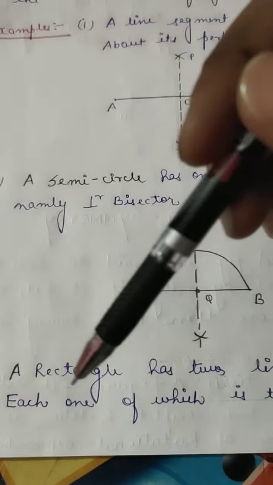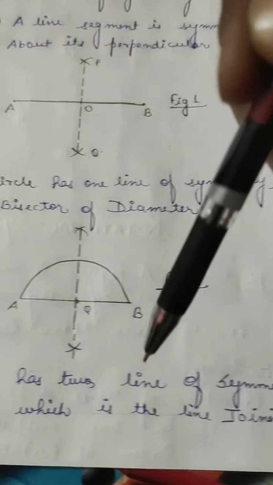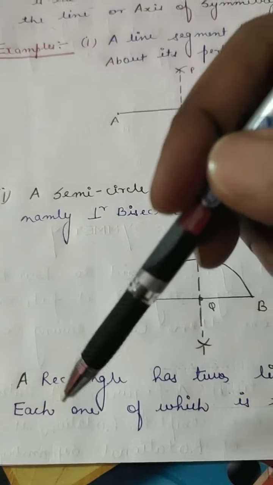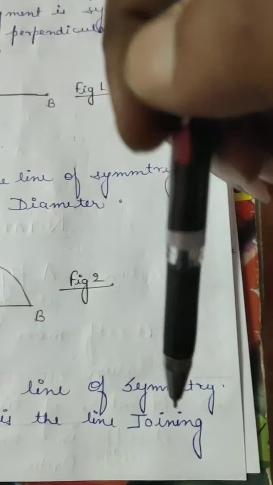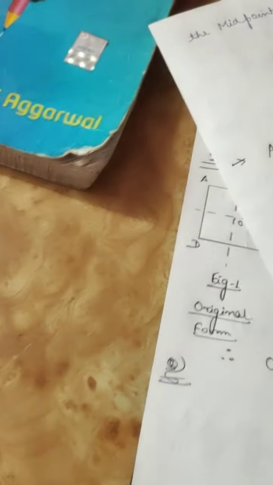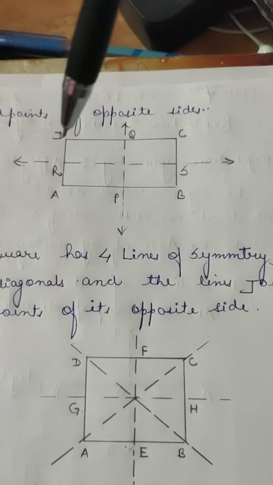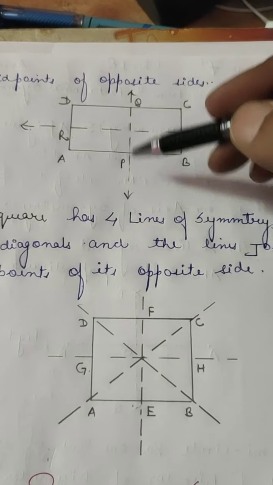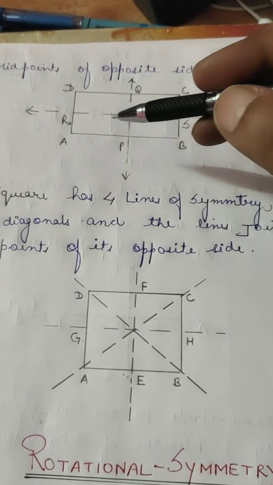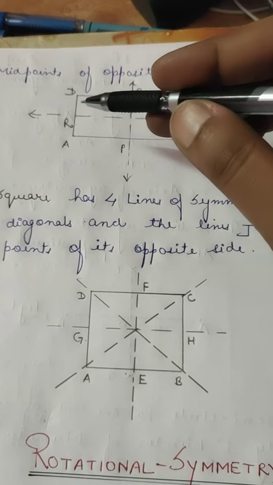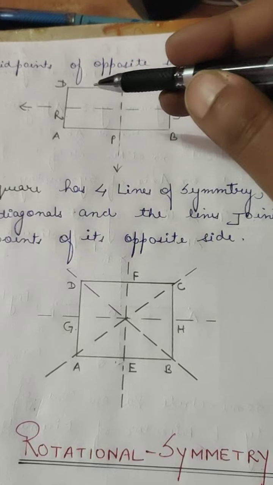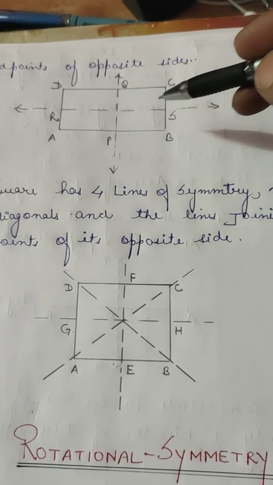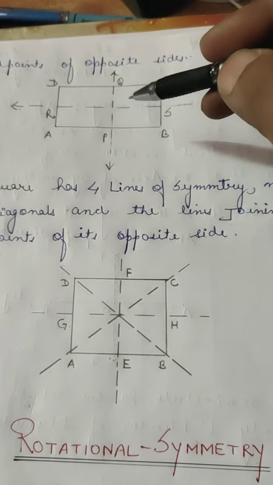Next one is, what about rectangle? Rectangle has two lines of symmetry. How? Each one of which is the line joining the midpoint of opposite sides. So rectangle में कितनी lines of symmetry होती हैं? दो lines of symmetry. कैसे? एक तो ये line है. This line is dividing this rectangle into two equal halves. If we try to fold this half over this half, then they will completely overlap each other.